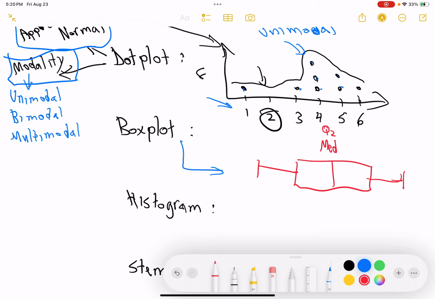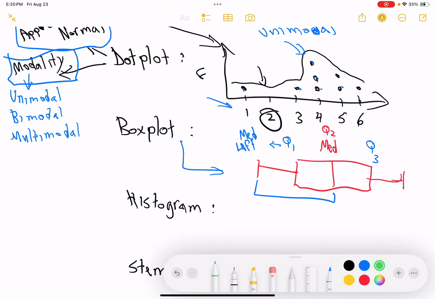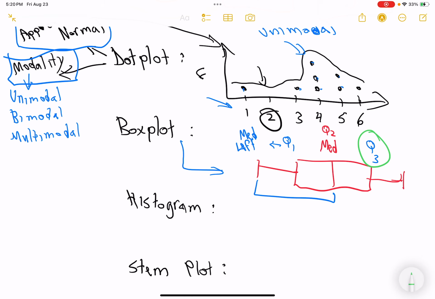You should understand it from last time. Quartile 1 and quartile 3 are really cool. Quartile 1 is the median of the left half of our data. So the middle number of this half of our data. Versus on the right, quartile 3 is the median of the right half of our data.